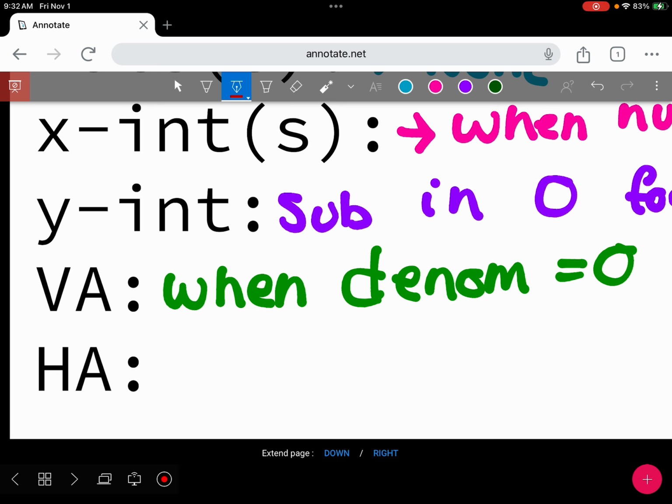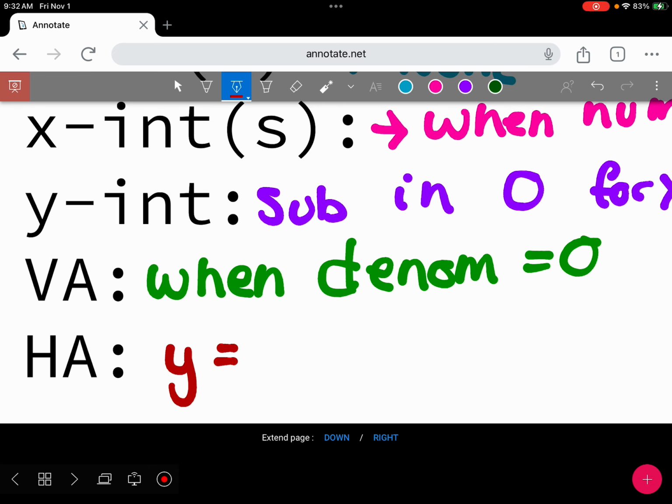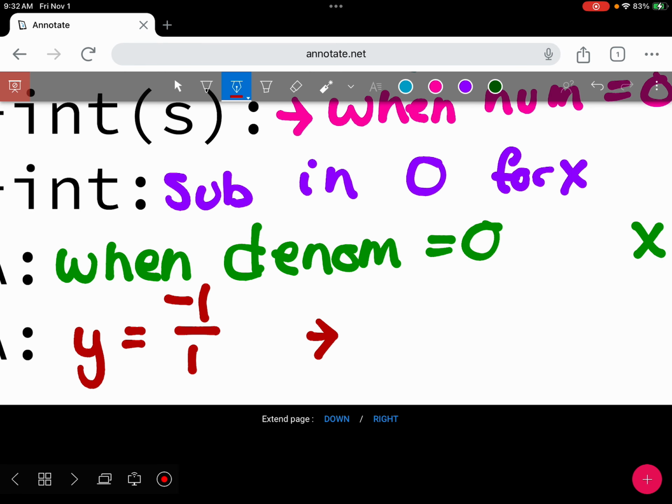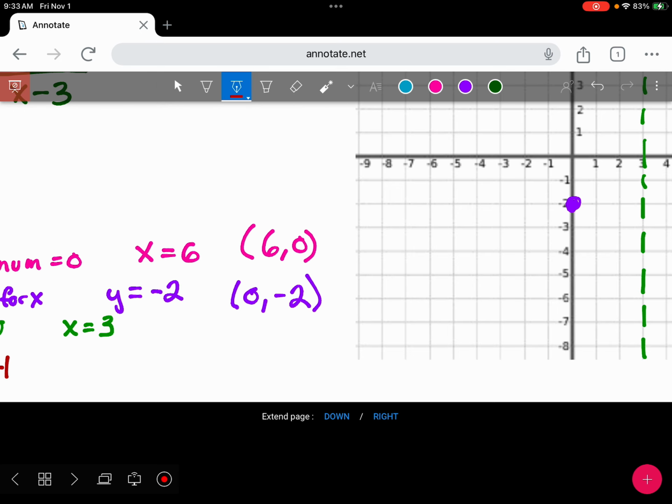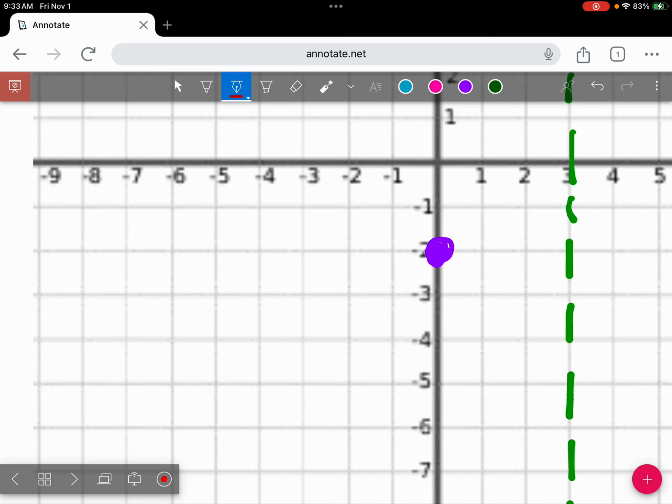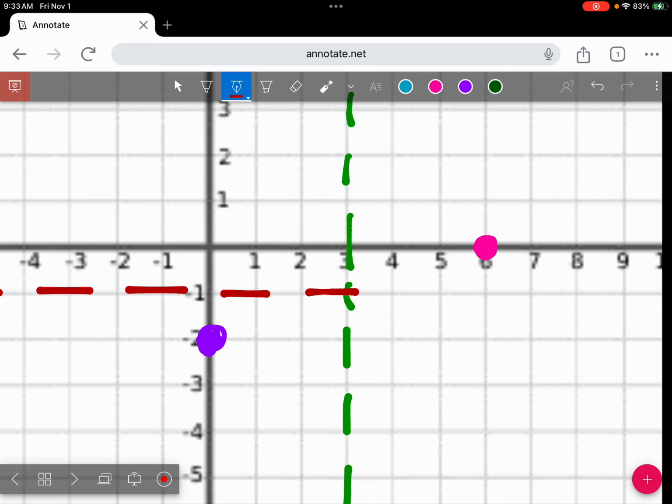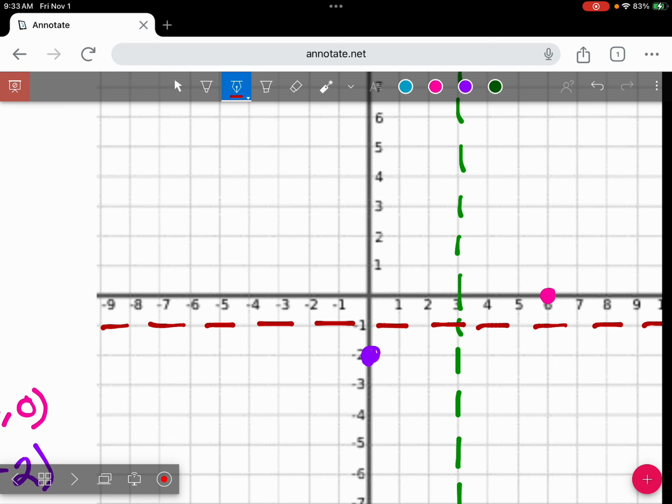So our horizontal asymptote is going to be when y equals, what's our leading coefficient of the numerator? -1. And what's the leading coefficient of the denominator? 1. So our horizontal asymptote is at y equals -1. It's just piecing together all the things we've done over the last 2 days. Looks like that.